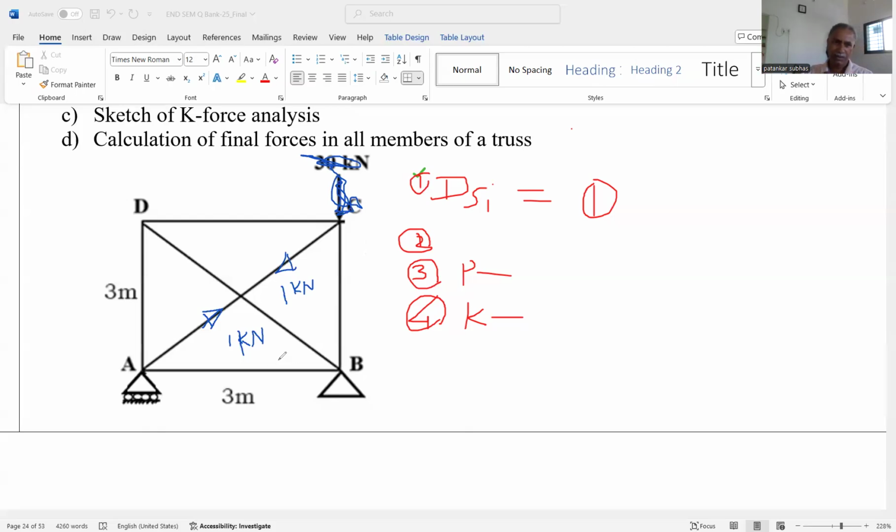Now again here it is observed that this is the external force. That's why no need to find out the external reaction, because this is the internal force. So this is 1 kilonewton. This angle is 45 degree, right? So can I consider this component is related with the cos of 45? 1 cos 45, that is 0.707. This is tensile.